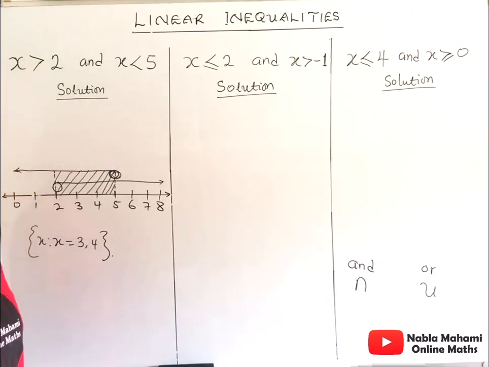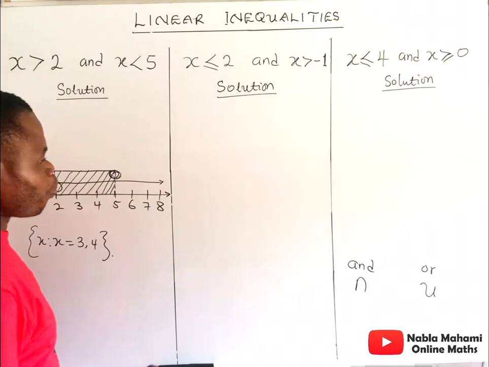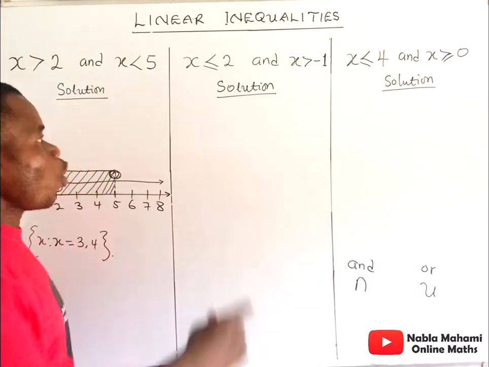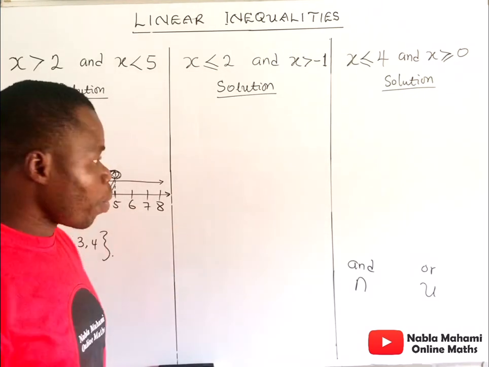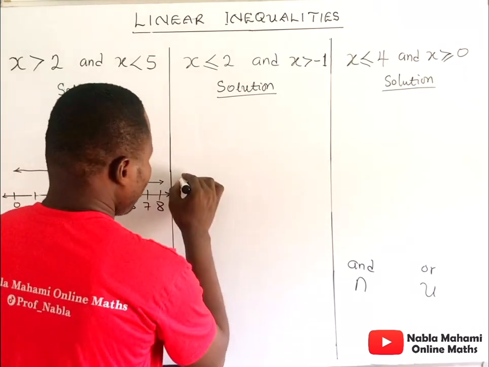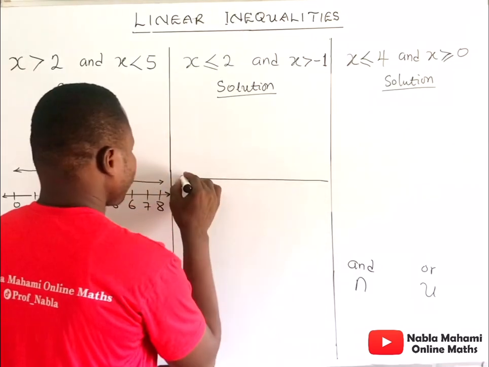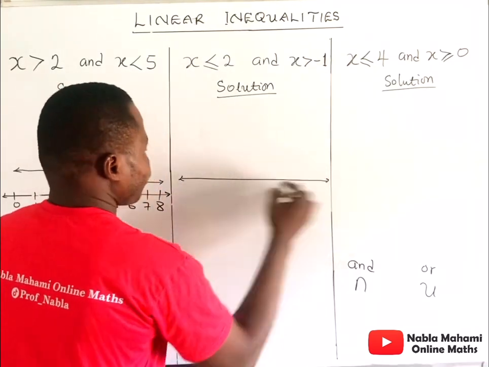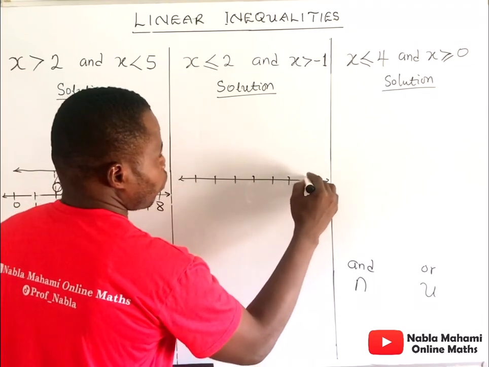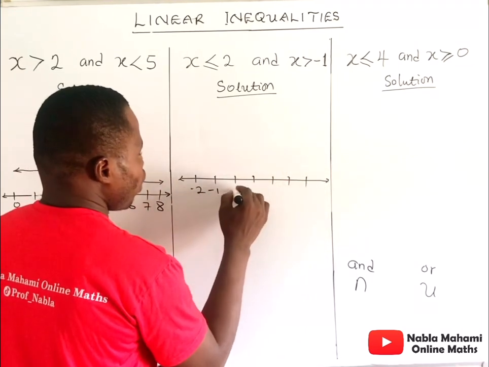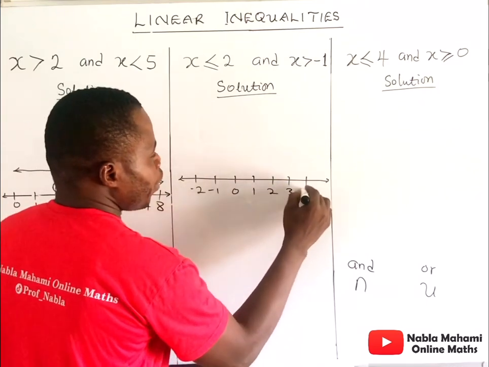Let's move to example 2. Example 2. I have x is less than or equal to 2 and x is greater than minus 1. Here too, you draw your number line. So here, minus 2, minus 1, 0, 1, 2, 3, 4.